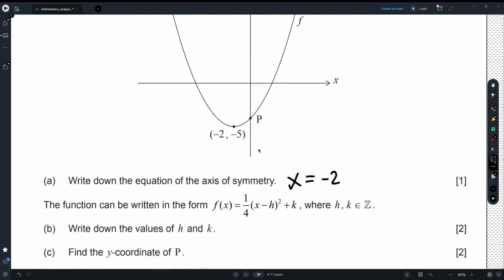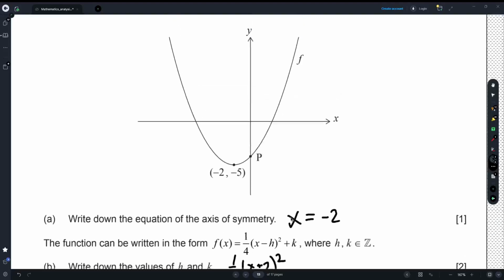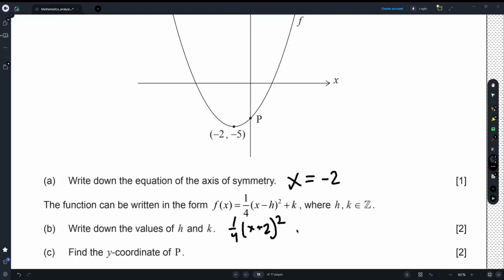Yes, since the vertex is at minus 2, this will just be x plus 2 squared. And then to find this constant k, we know that the vertex is typically at 0. So this will just be minus 5.